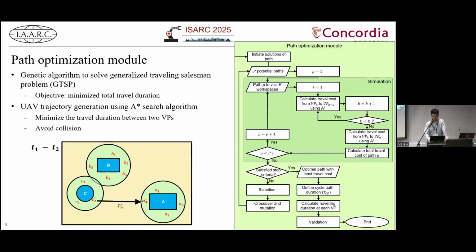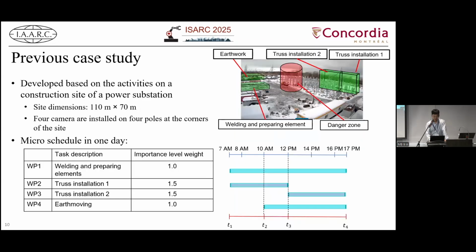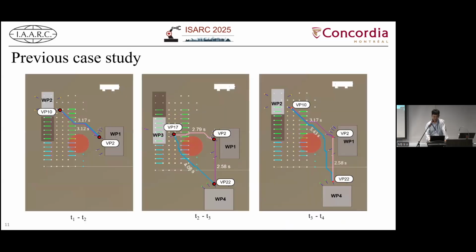With these viewpoints, we do another optimization to solve the generalized traveling salesman problem to get the optimized path. We did a previous case study to do the path planning, and these are the results.